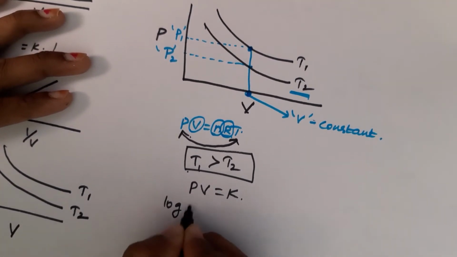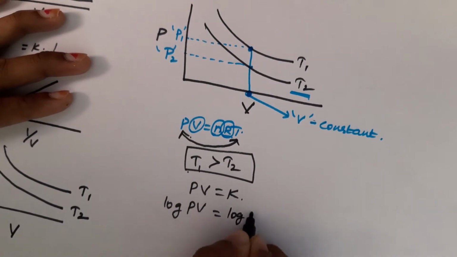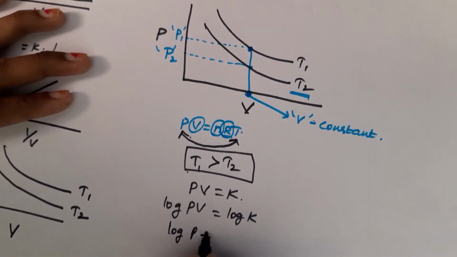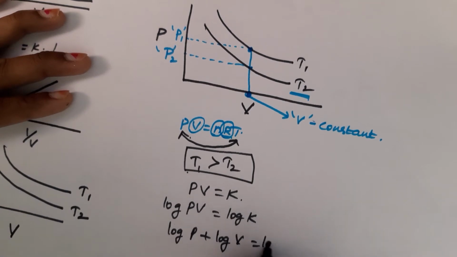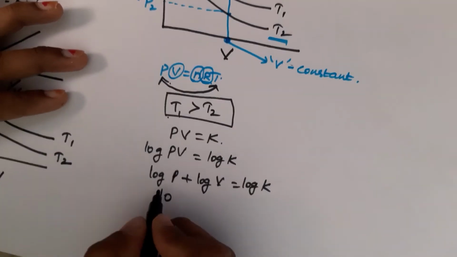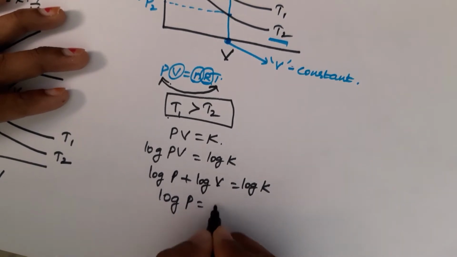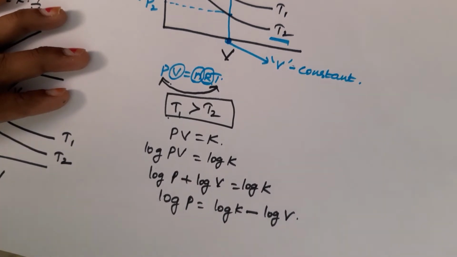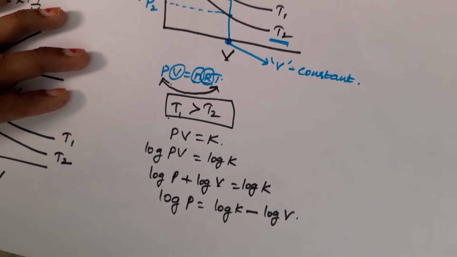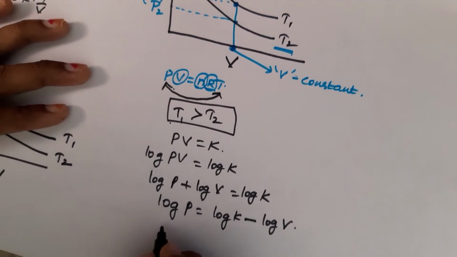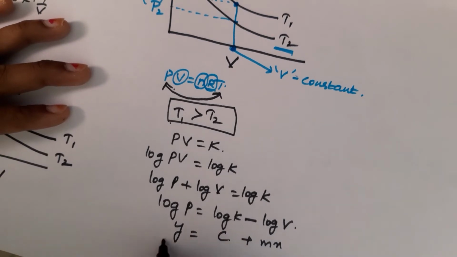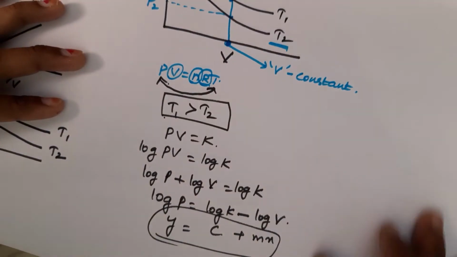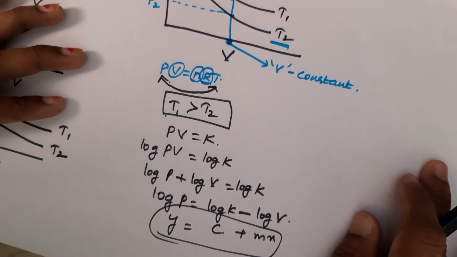Then log PV is equal to log K. Log P plus log V is equal to log K. Then we can write it as log P is equal to log K minus log V. Then we can compare it as y is equal to mx plus c.